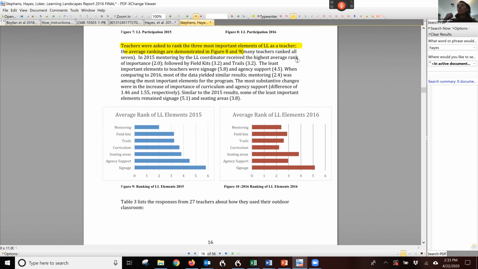Then we call out a couple of key things. What's overall ranked highest, right? So in 2015, these things are ranked highest and these things are ranked lowest, all right? Because this is an evaluation report, I'm aware of the audience. The audience may want to know what are teachers finding most helpful?